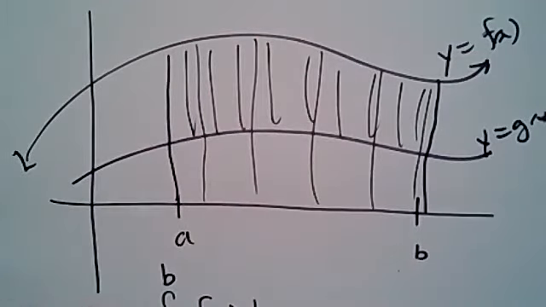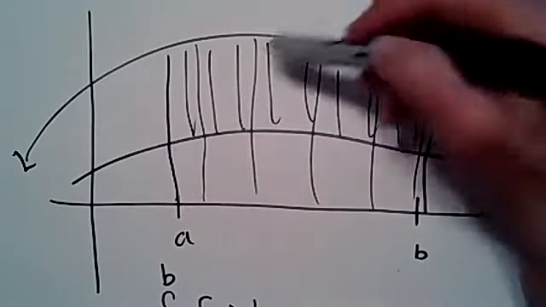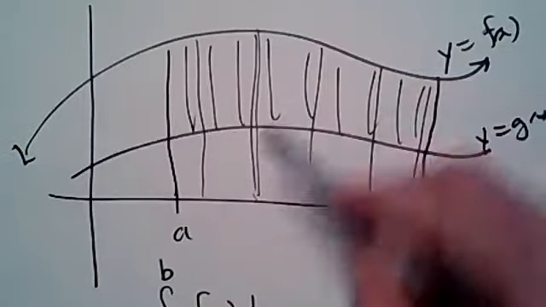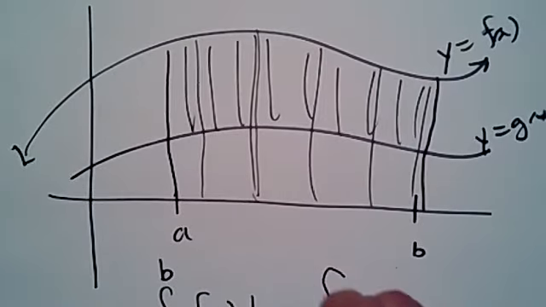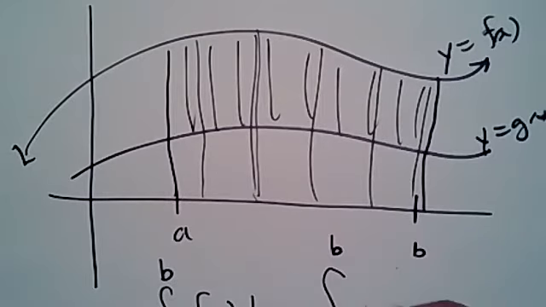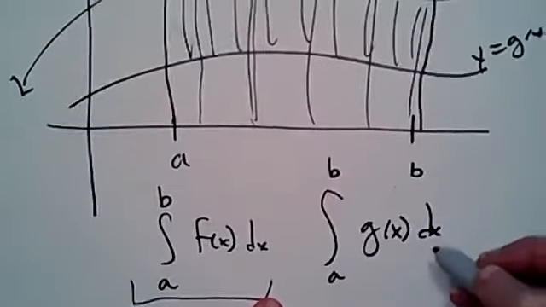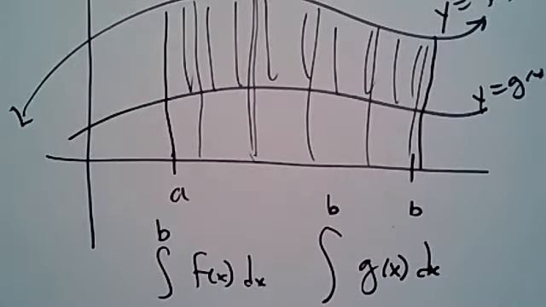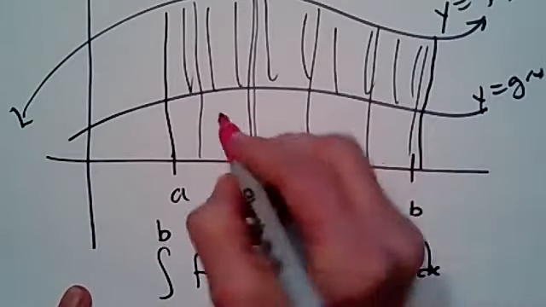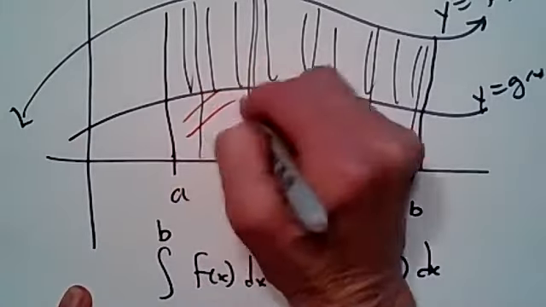So what we would do is find the area from our first curve to the x-axis. And then if we integrate from a to b this other curve, g of x, what do we get? If we integrate g of x from a to b, we get this area right here.